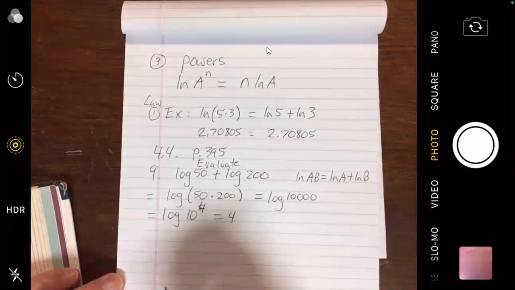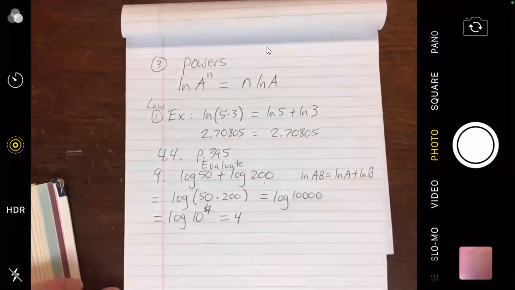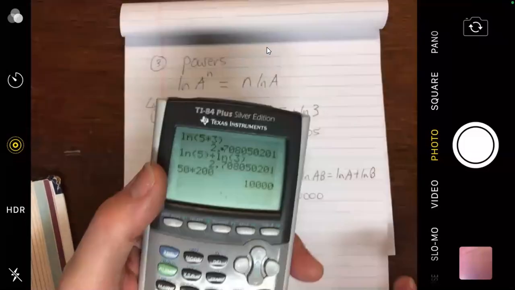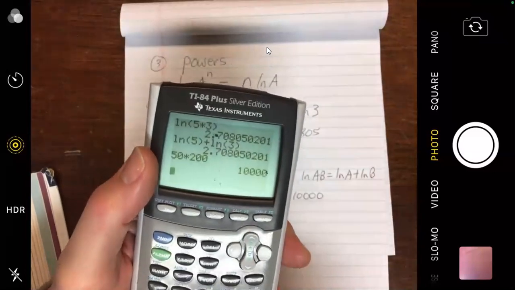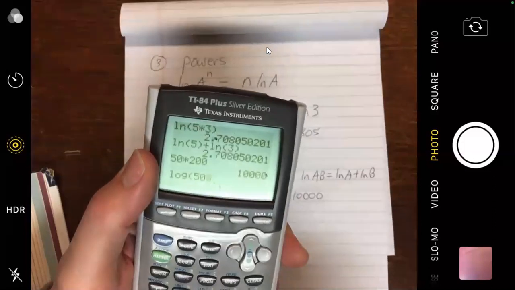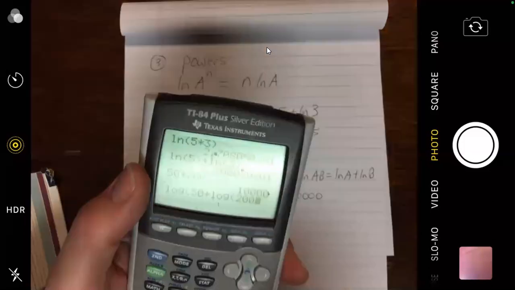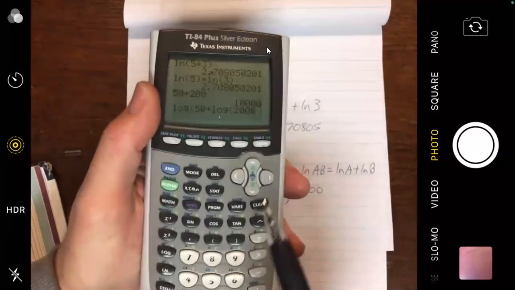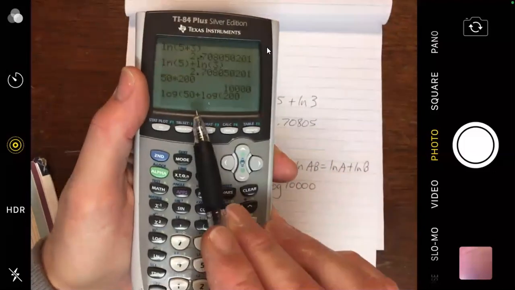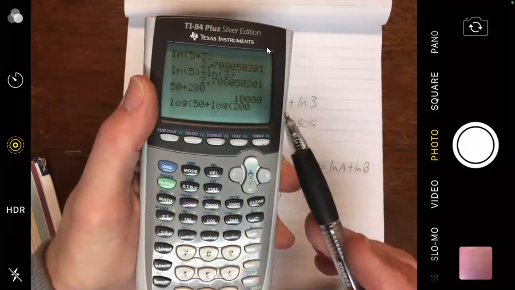Okay, you can check this one directly on the calculator, might as well, just to give you some confidence in it. If I punch log 50 and add log 200, oops, got to watch your parentheses. See how I have left off a parenthesis? I'm not going to get the same answer out of this because it's all put in one log.